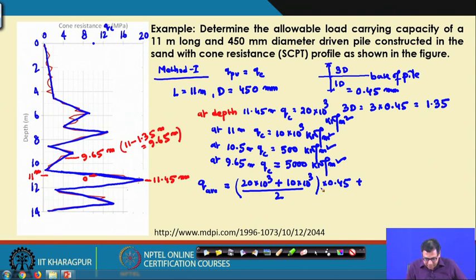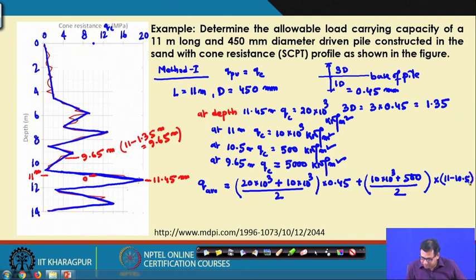Okay. Then from here to here, the average from 11 to 10.5 is 10 into 10 to the power 3 plus 500, take the average, then multiply by the thickness, which is 11 minus 10.5.